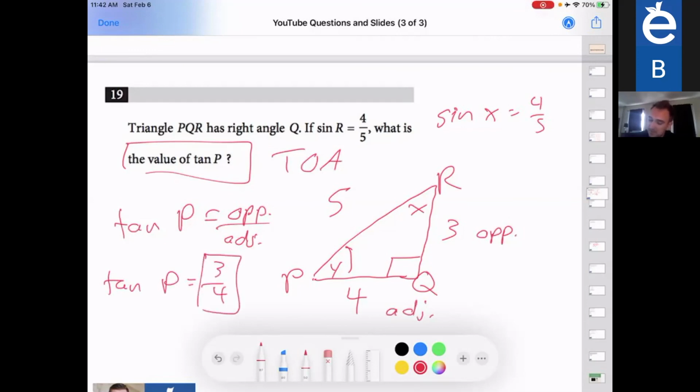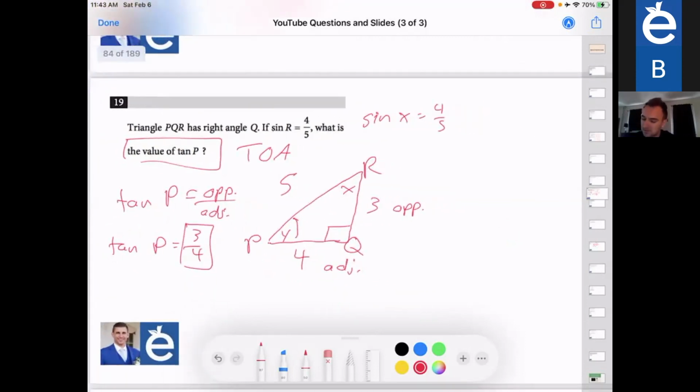That's it, 3/4. If it was a grid-in, and I think you can grid in answers, you can bubble in 3, bubble in a line, and bubble in a 4. Or we also know that 3/4 is equal to the decimal 0.75. Those are both correct values.